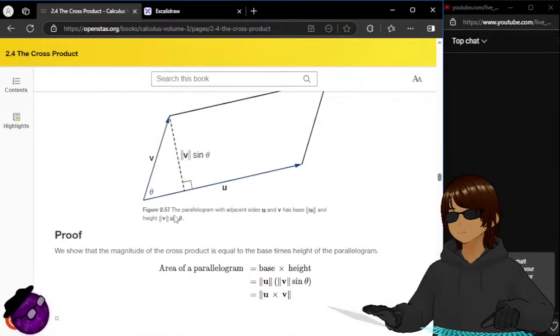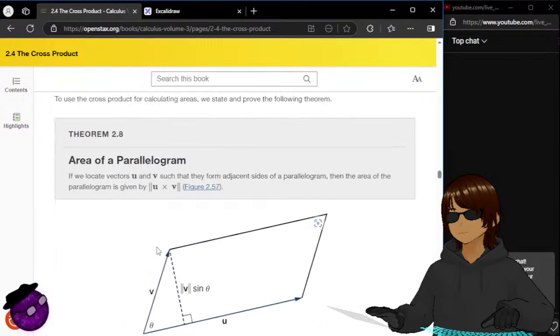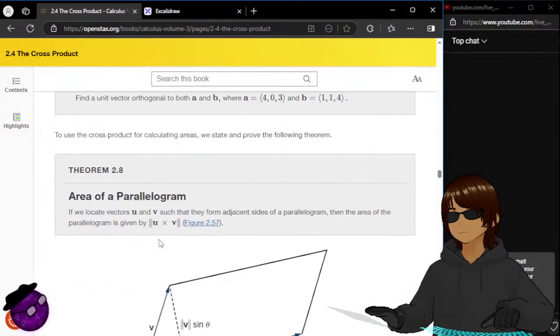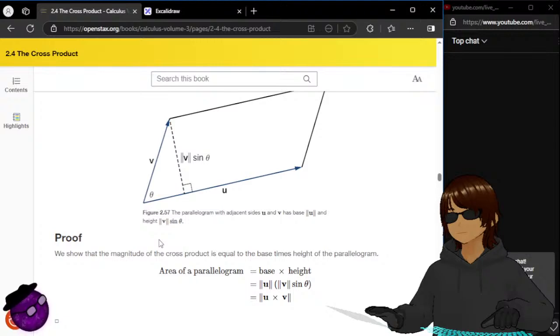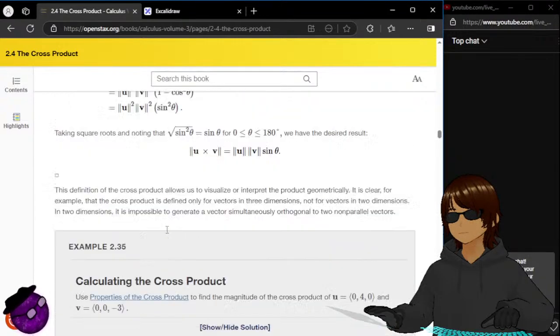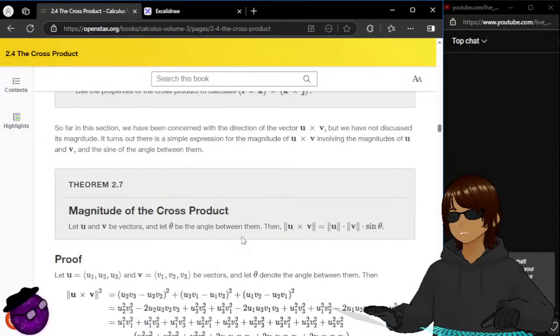Wait a minute. How did they prove this? Yeah, it was over here. Yeah, they proved it over here.